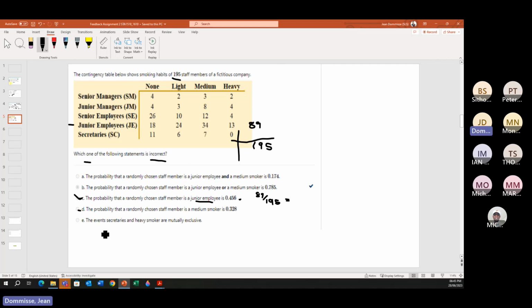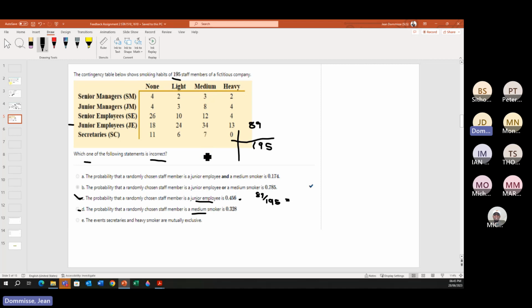Let's look at D, because that's just a normal one that we can work out. The probability that a randomly chosen staff member is a medium smoker. Now they're asking us to go down.